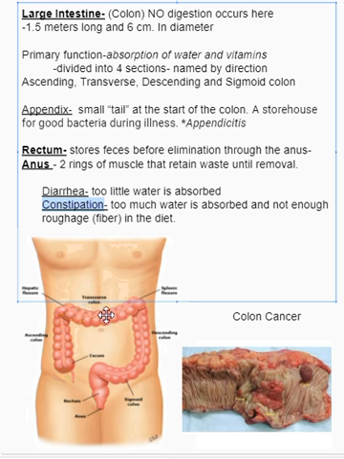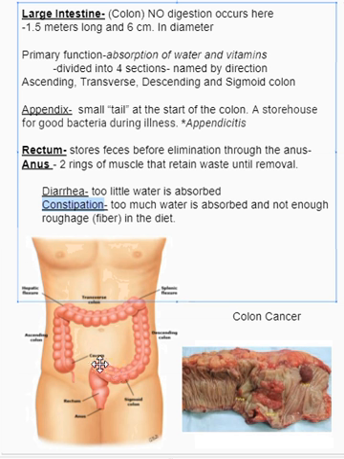It takes a turn over here, moving towards your left side. That's the transverse colon. Then there is the descending colon that goes down the left side, and it takes a little curve. There's this little S shape here. That's the sigmoid colon.